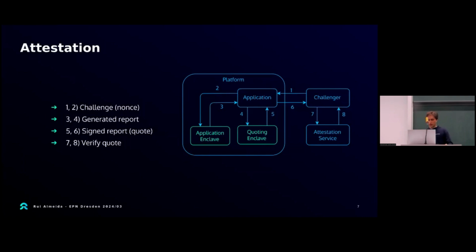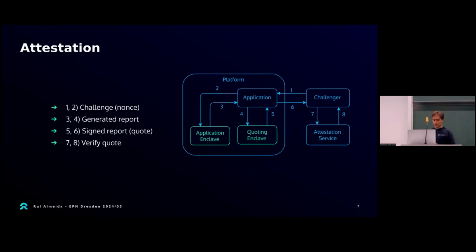And once the challenger obtains that information, it then needs to actually look into the contents of the reports to understand whether the measurements that are being reported match, for example, the code that is being published as being the code running on the confidential computing platform.